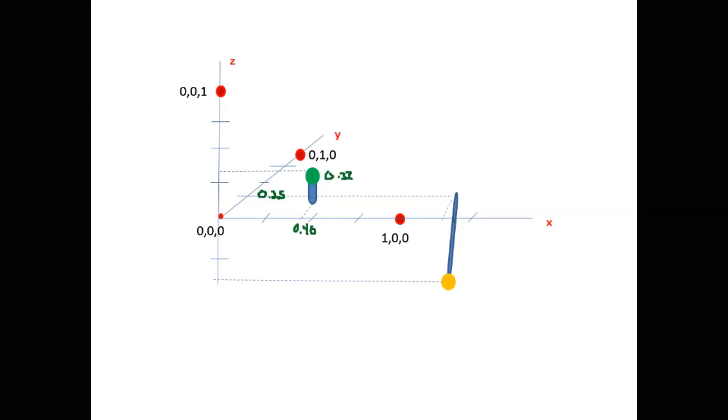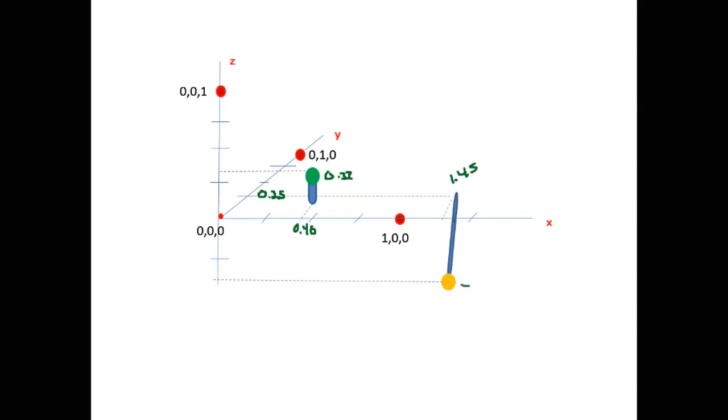Now if we look at the next point, which is the yellow circle here, remember along the x-axis we translated 1.45 along the x-axis. So that's right here. The y-axis is still 0.25, but now instead of going up out of the xy plane along z, we're going down below the xy plane.